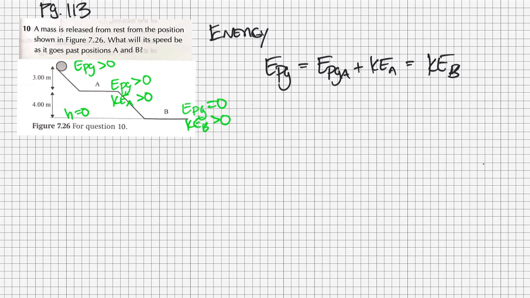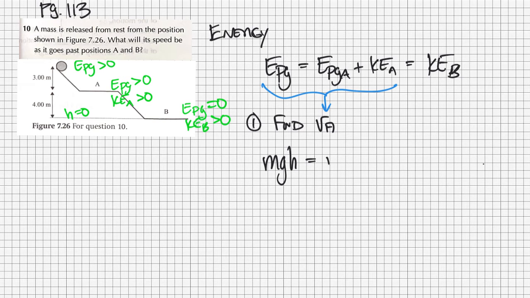So let's go through this. The first thing is we're going to find the velocity at A. And to do that, I'm going to use just these here because it's kind of what I have. So rewriting that, it's going to be mass times gravity times the height initially.